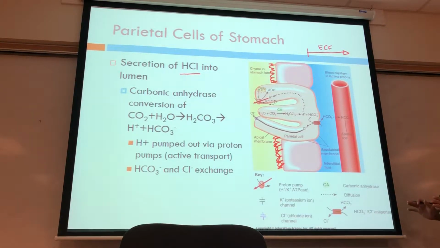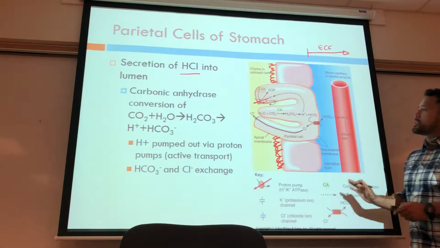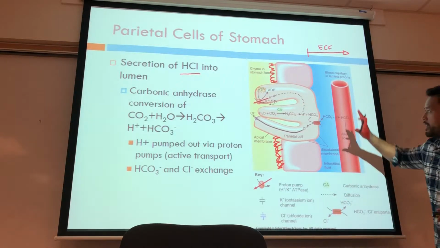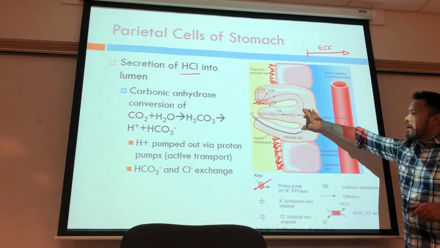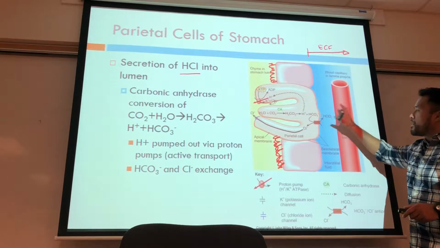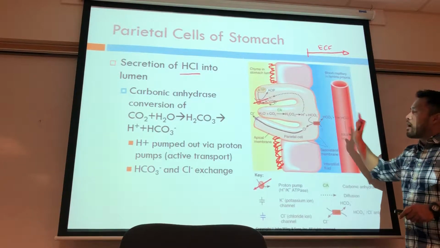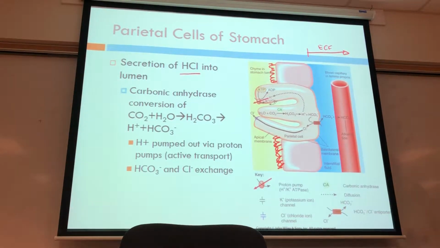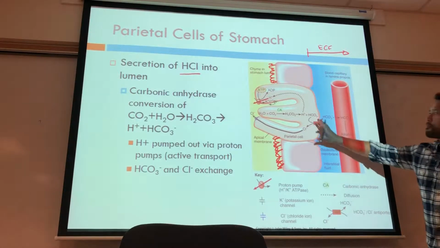So what we need to talk about is, how do we get these components, how do we get CO2 and water into the cell, and through our conversion, how do we produce hydrochloric acid on the apical side of the parietal cell? So let's start off with our parietal cell.